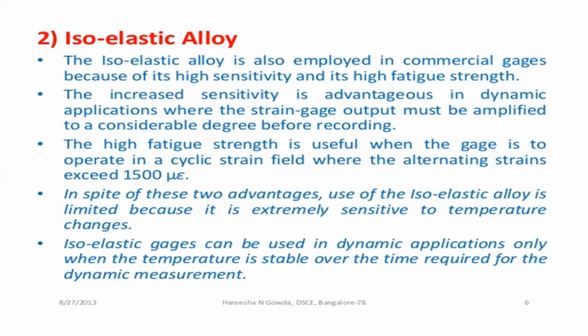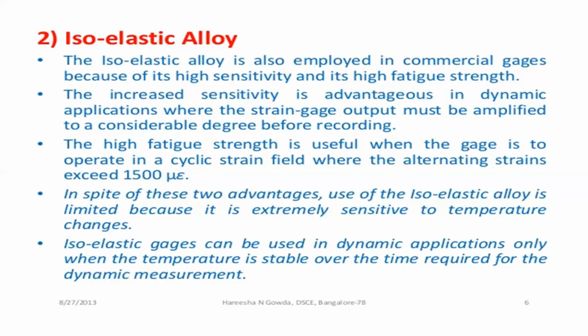And the high fatigue strength is useful when the gauge is to operate in a cyclic strain field where the alternating strains exceed 1500 microns. That means high amounts of load are also acting on that strain gauge. It should be very effective in nature and should calculate the high amounts of strain.